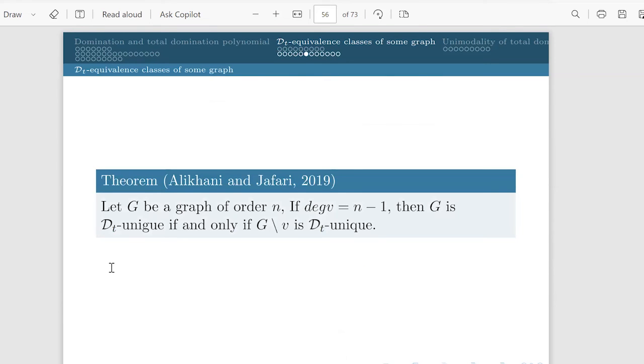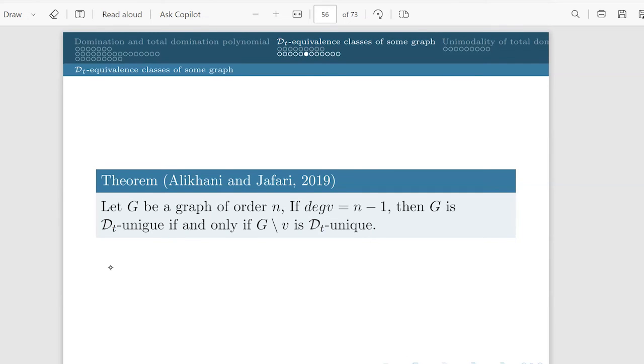And for classifying the DT equivalence classes, we need this nice theorem that says that if we have a graph G of order n and the degree of vertex V is n-1, then G is DT unique if and only if G minus V is DT unique.